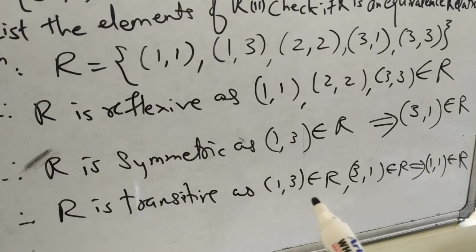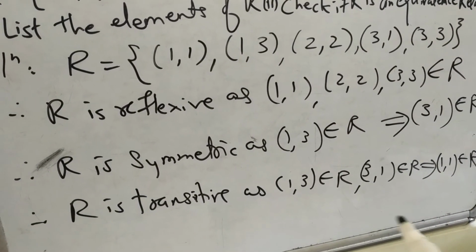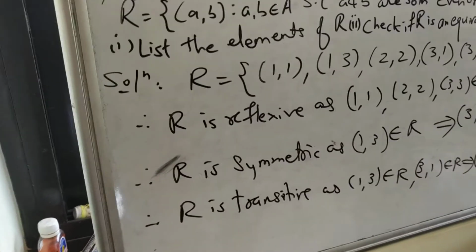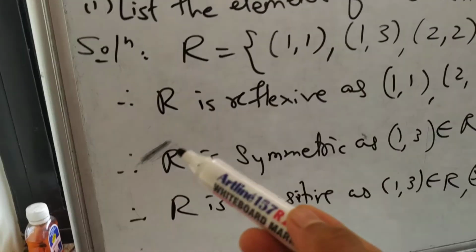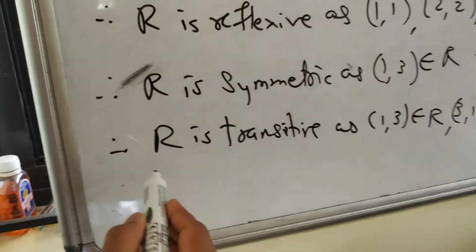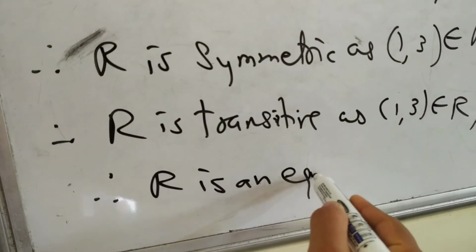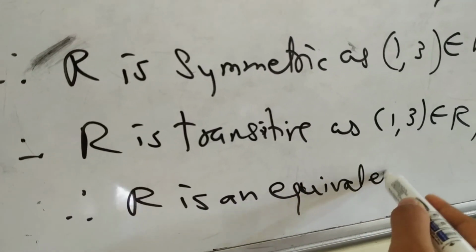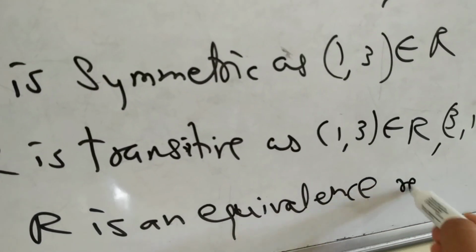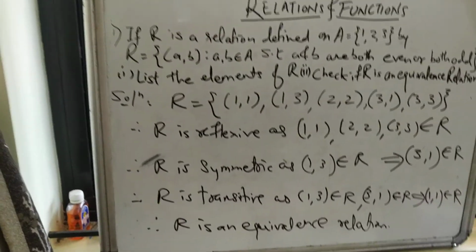Since R is reflexive, symmetric and transitive, we can conclude that R is an equivalence relation. Okay.